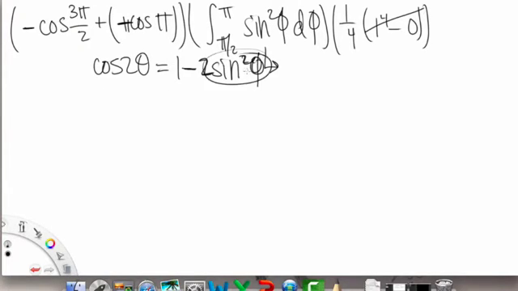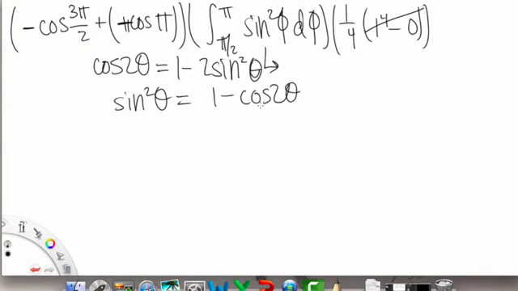So to get sine squared by itself, sorry, I changed variables there. Let me go back here. Sine squared theta, sure. So to get sine squared by itself, you would add it over there, so then you get 1 minus cosine 2 something over 2. So in this case, we would just replace the thetas with phis.